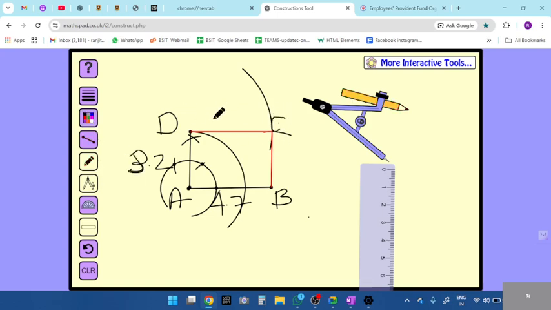See. Completed. Shall we try the next one?